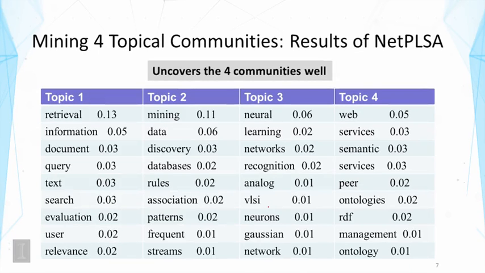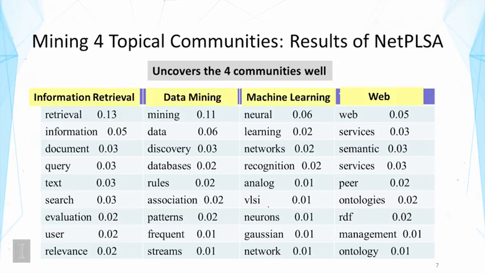But what's interesting is that if we use the net PLSA, where the network, the collaboration network in this case of authors, is used to impose constraints, and in this case, we also use 4 topics, net PLSA would give much more meaningful topics. So here we see that these topics correspond well to the 4 communities.